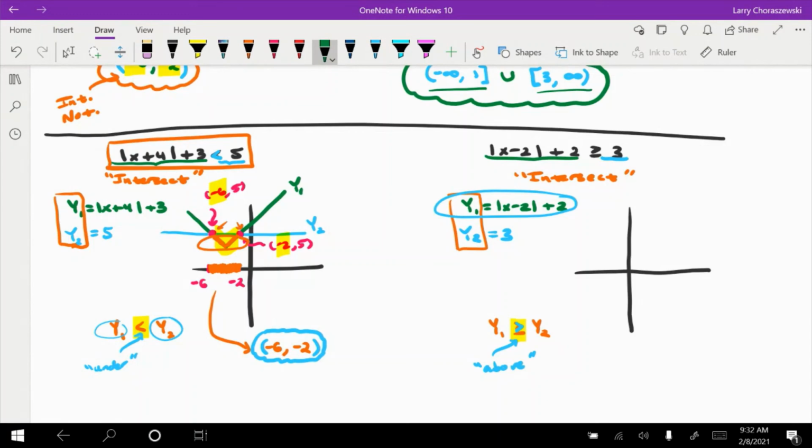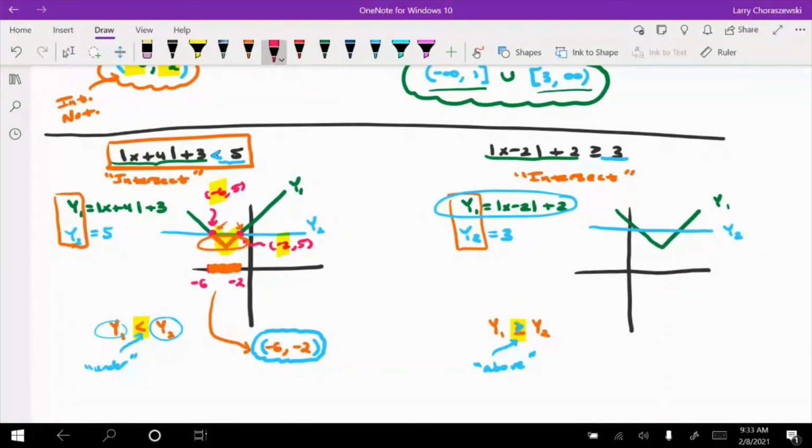All right, so let me do a rough sketch of graphs of y1 and y2. You guys getting something like that? Awesome.